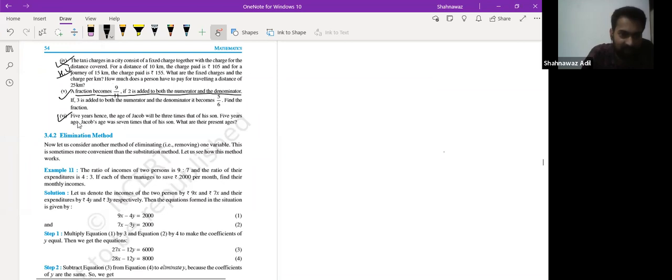So yes, this question. 5 years hence, the age of Jacob will be 3 times that of his son. 5 years ago, Jacob's age was 7 times that of his son. What are their present ages? So what are the two unknowns here?